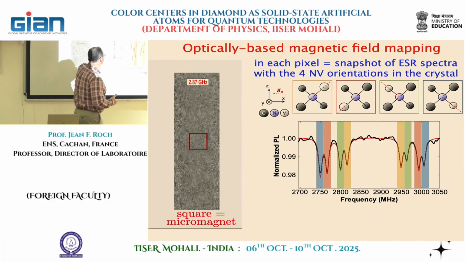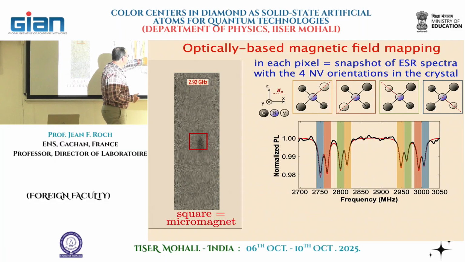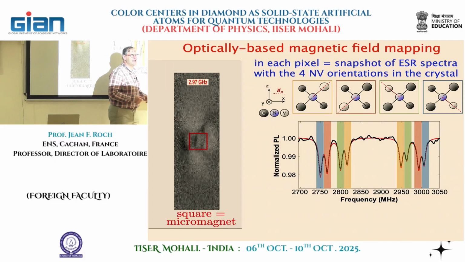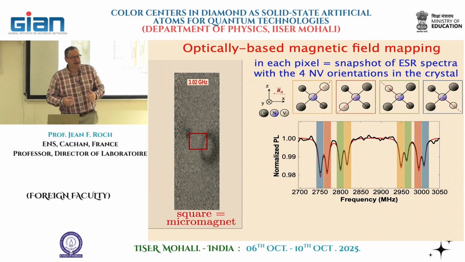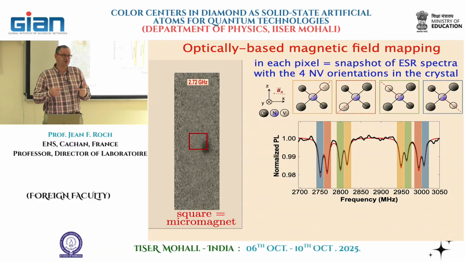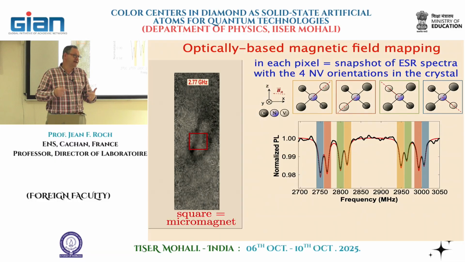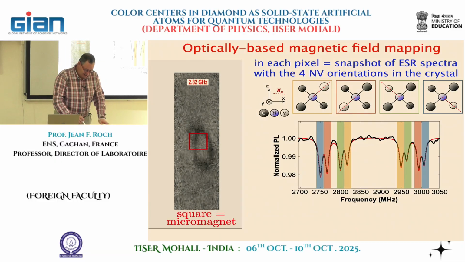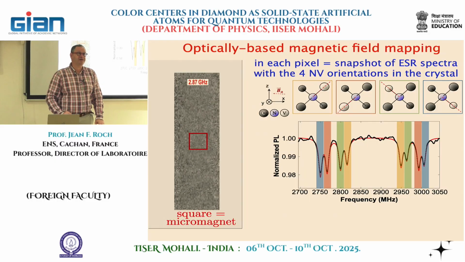This is what we would get, for instance, on one spectrum, and we would see these 8 peaks. And these 8 peaks correspond to the ODMR signal associated to the 4 possible orientations.